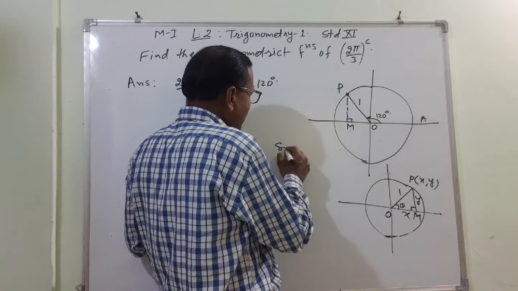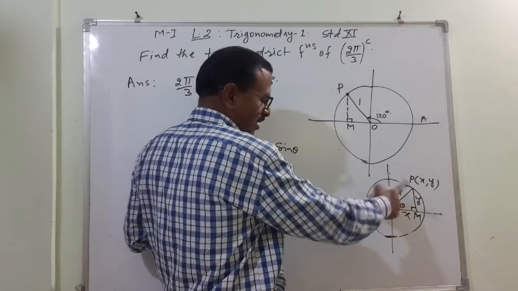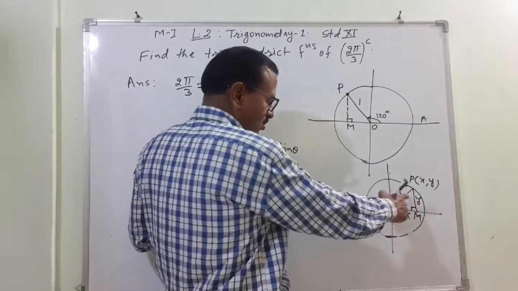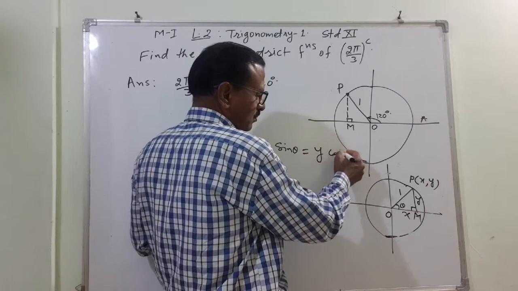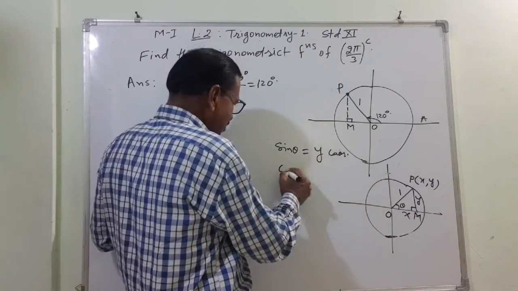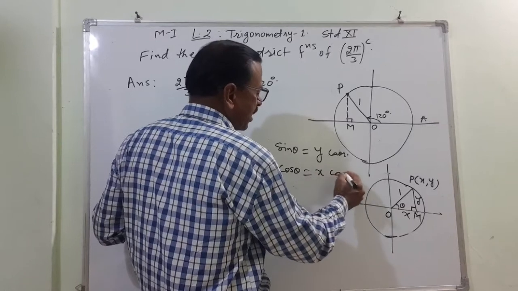So what is meant by sine? Sine theta means samne wali upon hypotenuse. Hypotenuse is 1. So sine theta is equal to the y coordinate. Cos theta is equal to what? Baju wali is nothing but the x coordinate.